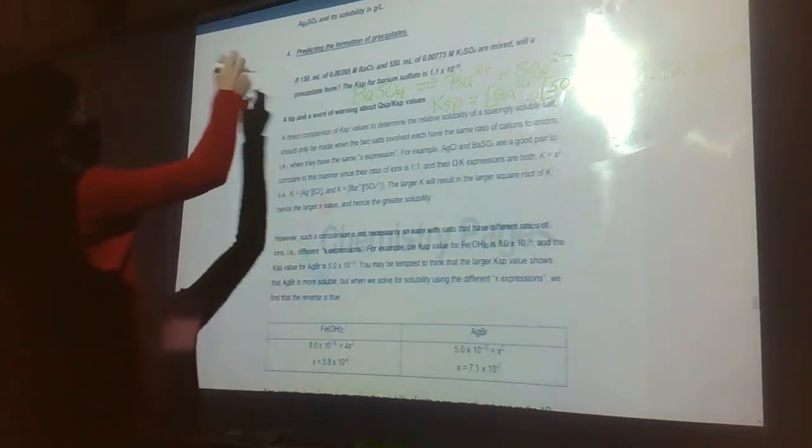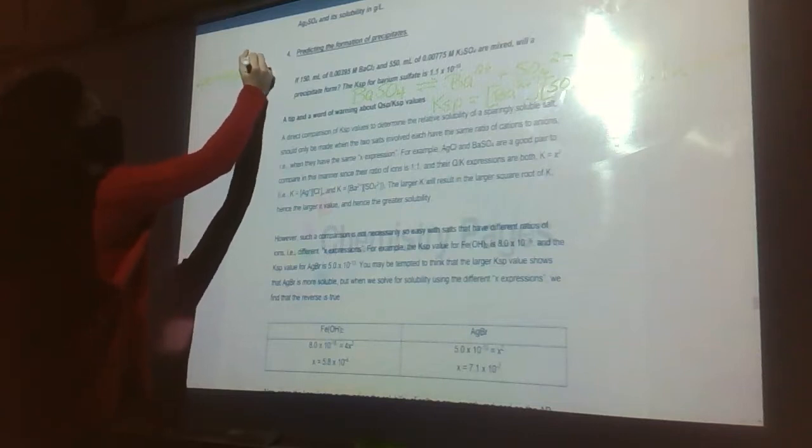So to find that, I need to know moles of barium and moles of sulfate using the molarity values. 0.00395 molar is moles over 150 milliliters, but it has to be liters, so 0.15 liters.